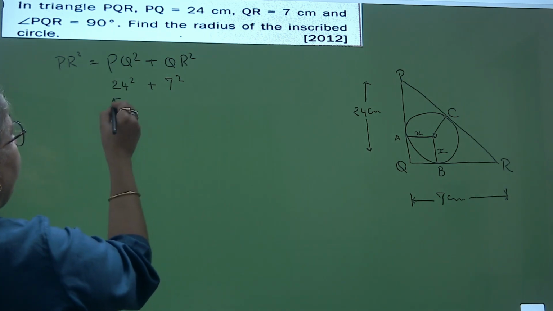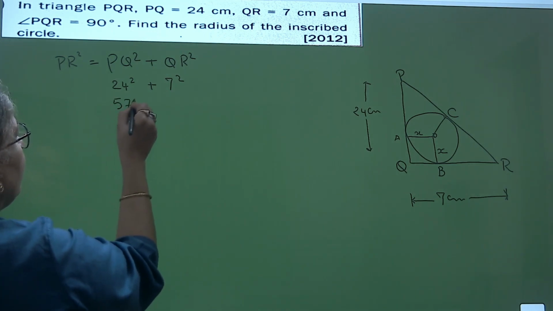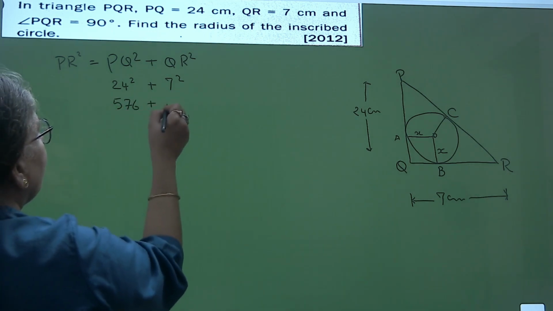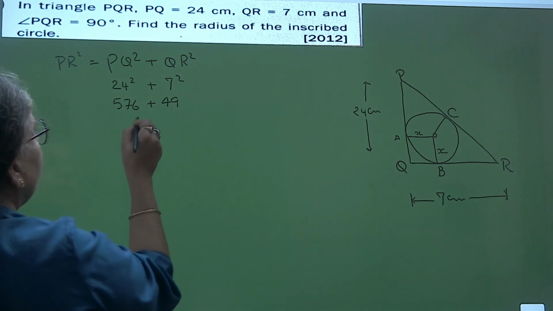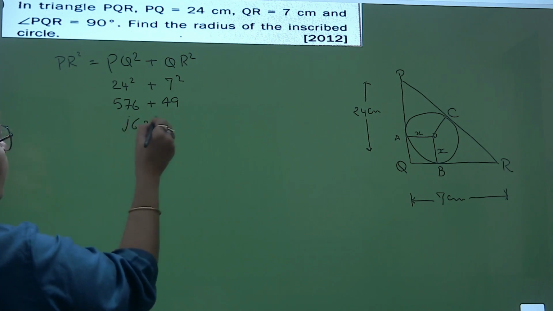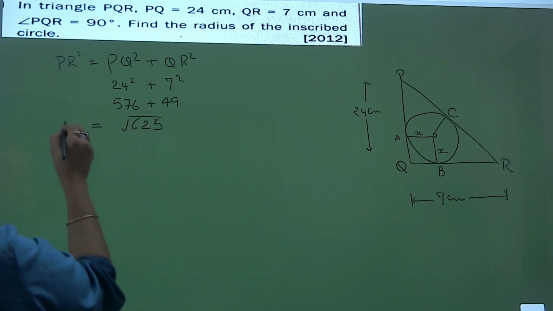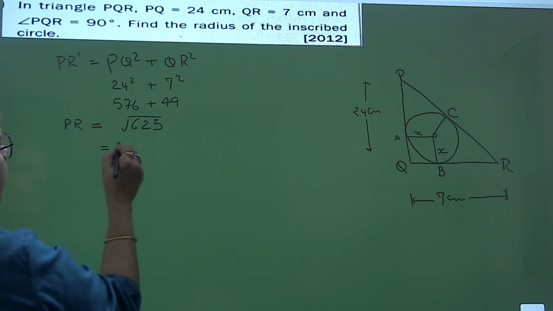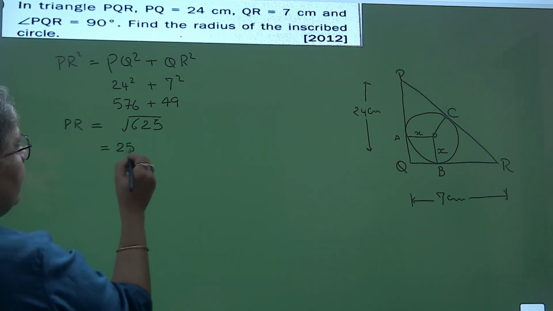So we get 576 plus 49. This is 625. So take under root of 625 and you get the value of PR, which comes out to be 25 centimeters.